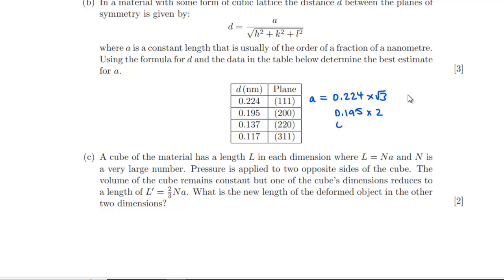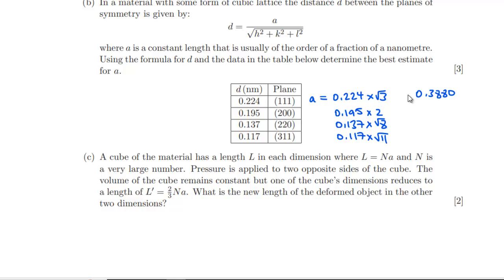Then we're going to have 0.137 times root 8. And then we're going to have 0.117 times root 11. So, well, I suppose we type all of these into the calculator and then take an average on them all. So we've got 0.3880.